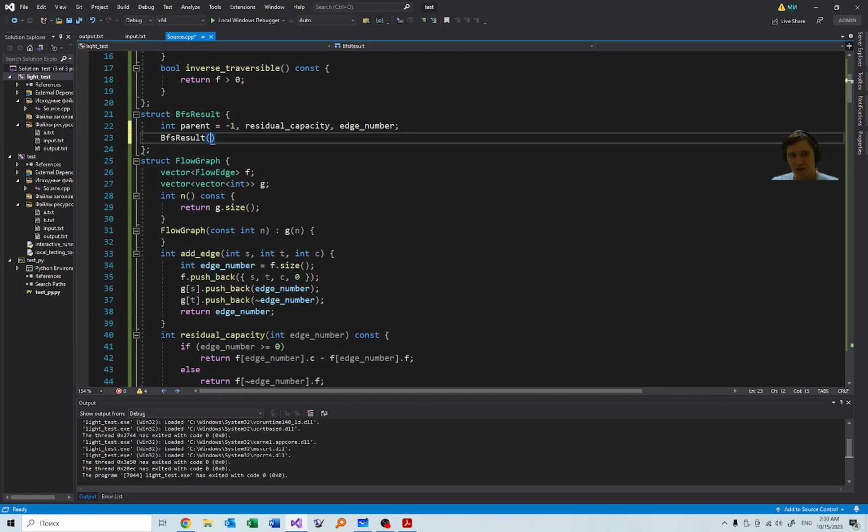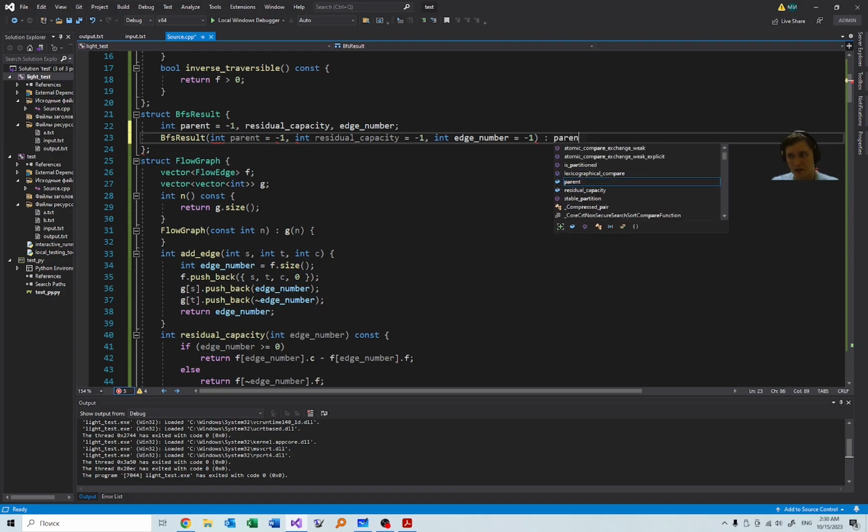BFS result: int parent equals -1, int residual capacity equals -1, and int edge number equals -1.